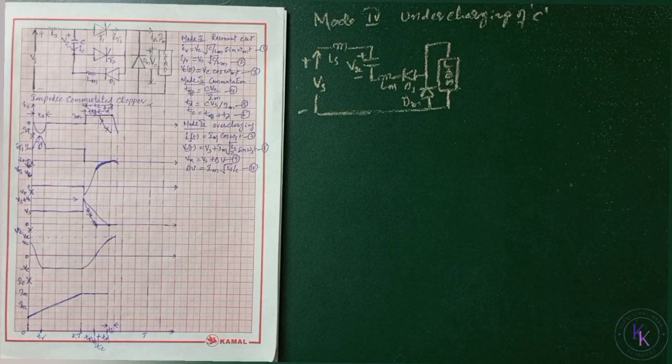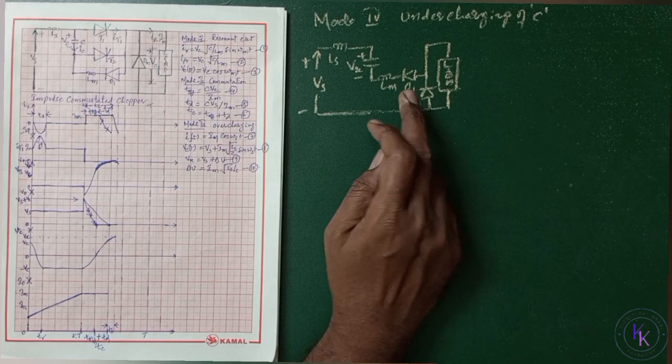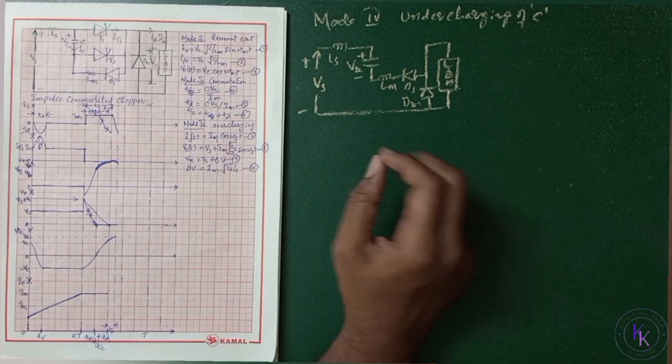Mode 4 is the undercharging of the capacitor C. It begins when the overcharging is complete and the load current continues to decay. This mode exists due to the diode D1, because it allows the resonant oscillations in mode 3 to continue through the circuit from Dm, D1, Lm and C to the supply.